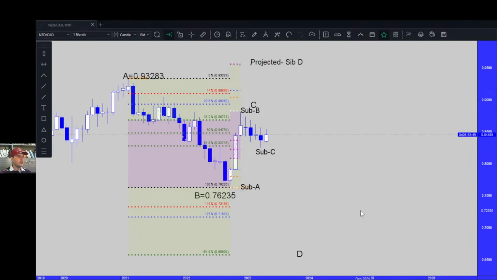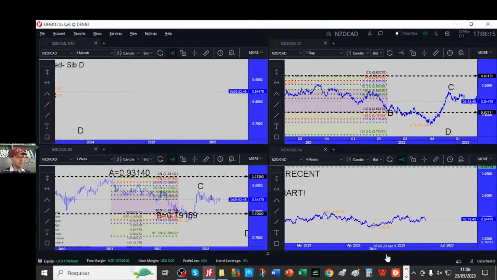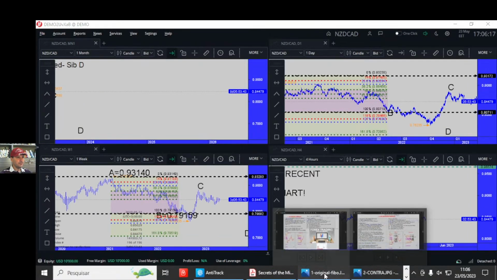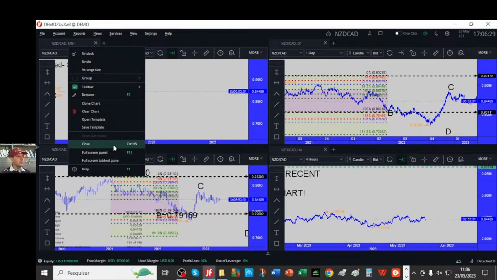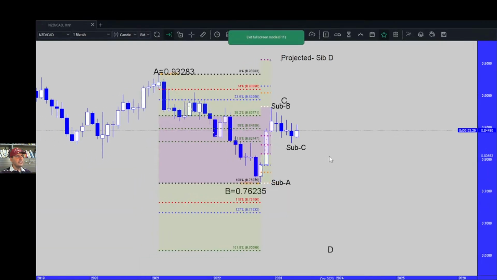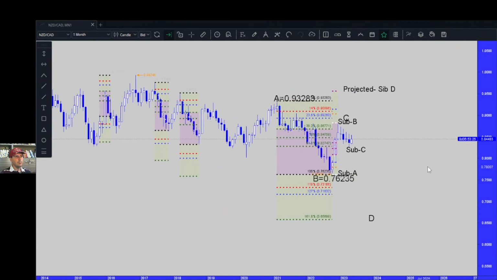Alright, everybody, as always, why are we doing this, right? Do I have any pictures? The original Fibonacci, number one, we use the original Fibonacci to determine trend direction. So, NZD CAD monthly chart, is the trend direction up or down?